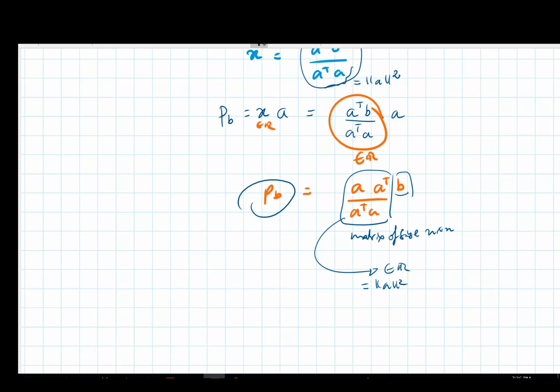And the top here is the vector A, a column vector, times A transpose, a row vector. The result of this multiplication is an n times n matrix. So if I put that capital P is given by this matrix, this is your projection matrix on the vector line A.